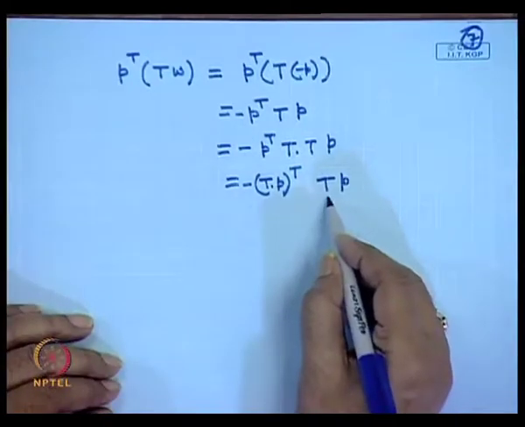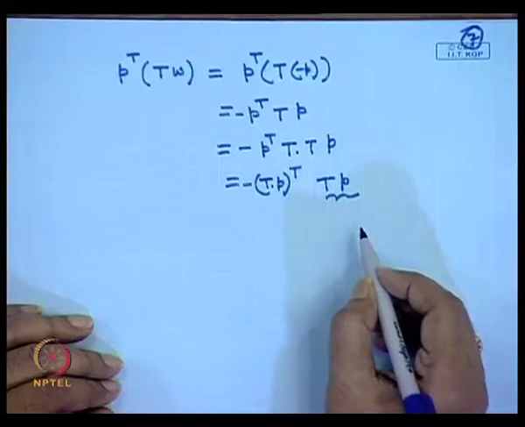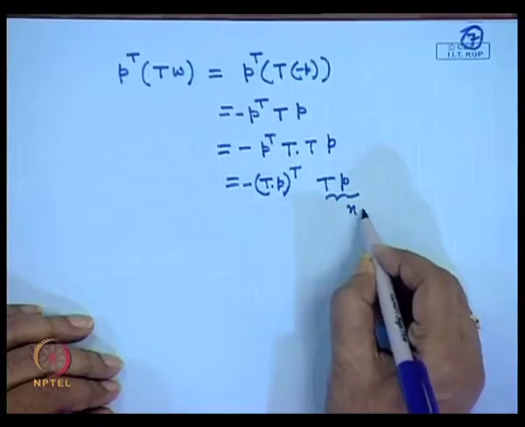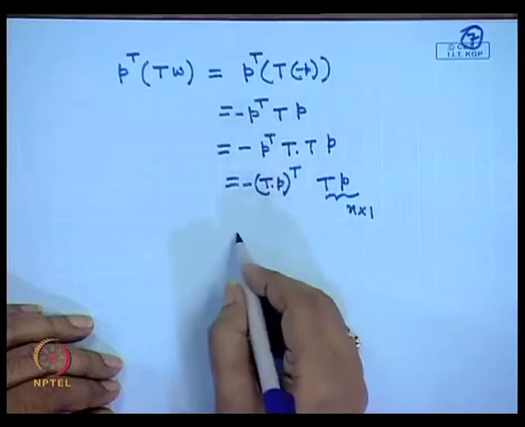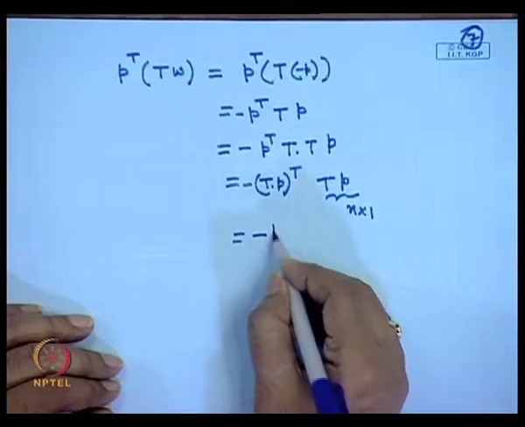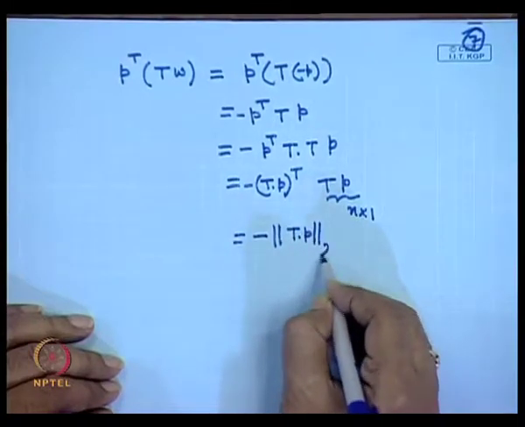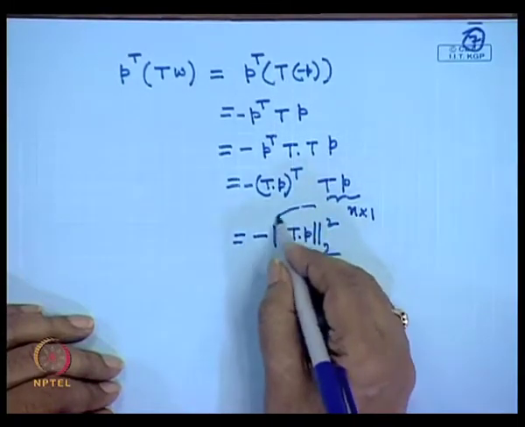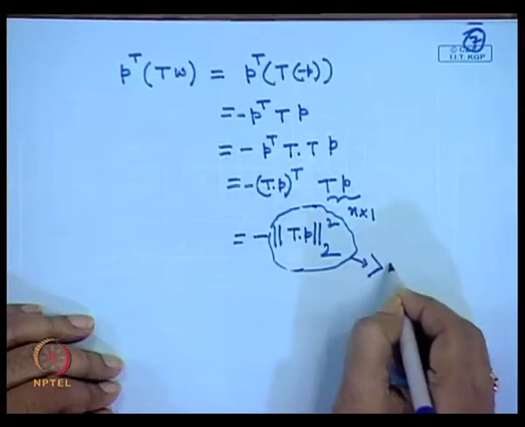And this is what, if you see this one, this is our vector of dimension n rows, 1 column. The whole thing will be 1 row, n columns. So, it is nothing but a Euclidean norm of the vector P into T square, and this quantity is always greater than or equal to 0.